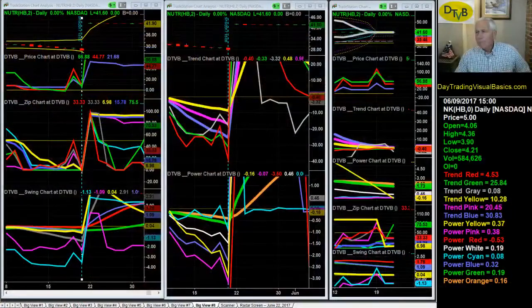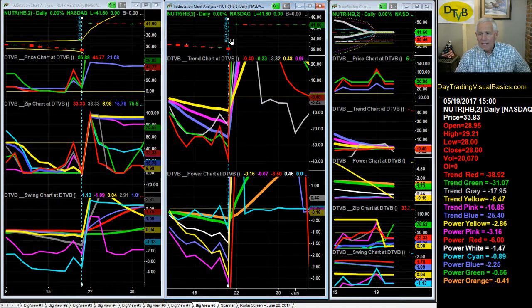In this example, we're in NUTR, and the Zion lines are on May 19th, 2017.